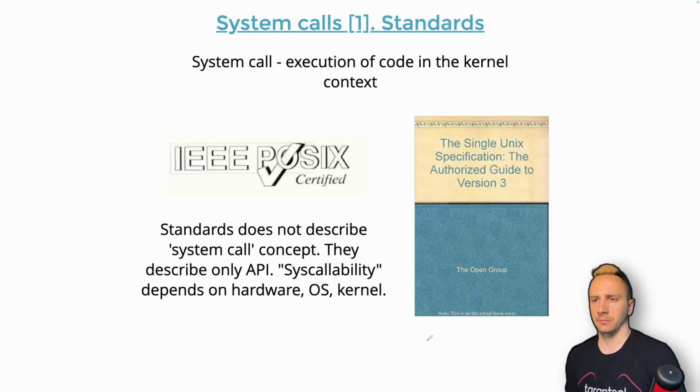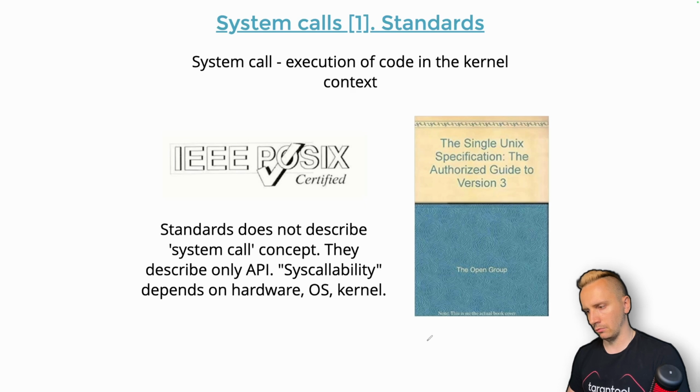Basically, any time you want to do more than just count some numbers in the process, you will probably end up doing a system call. To open a file, duplicate a descriptor, talk to another process, work with the network, this is all going to be system calls.